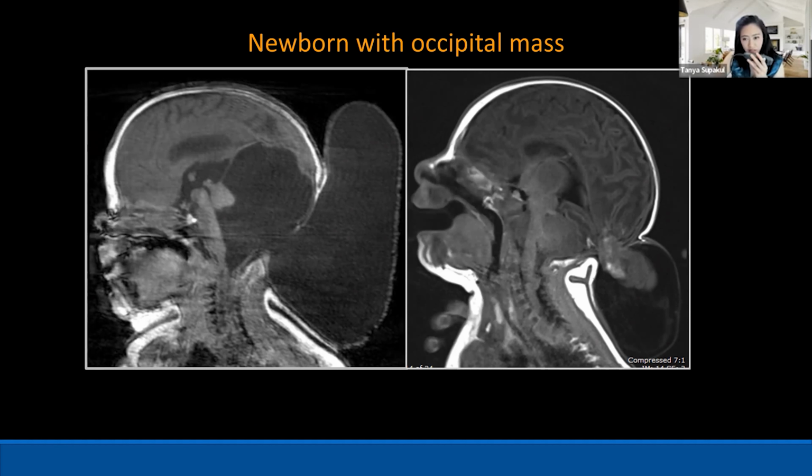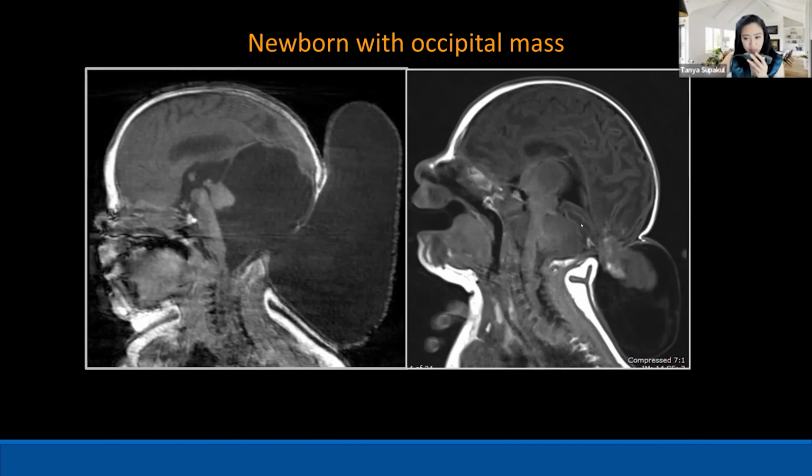When we see small posterior fossa, we need to think about Chiari malformation, right? Chiari can be Chiari 2 or Chiari 3. Chiari 1 is a separate entity unrelated to neural tube defect. 2 and 3 are related to neural tube defect. Chiari 2 has a myelomeningocele at the lumbar, thoracolumbar, or sacrum, but Chiari 3 has that defect in the occipital or upper cervical spine, right?